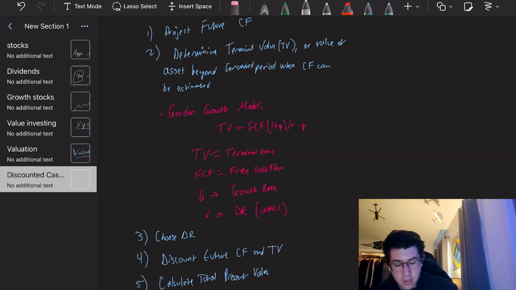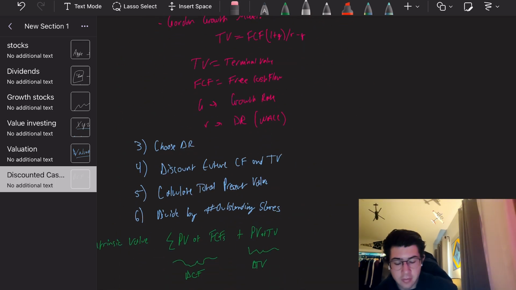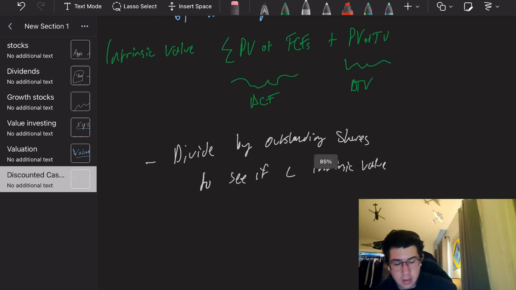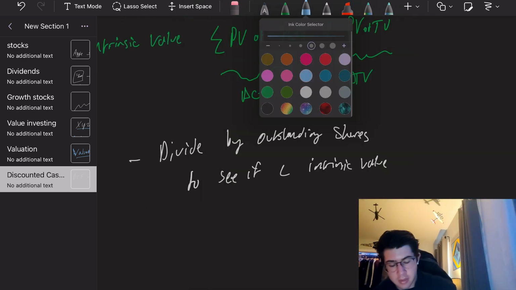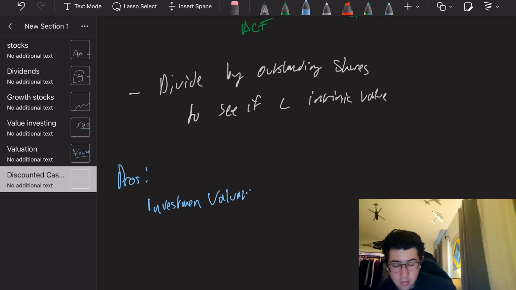So you could either use the basic way, and if the NPV, net present value, is positive, it could be a good investment. If it's negative, you probably shouldn't invest. Or you can actually get the intrinsic value. But they're both pretty similar, and I'll write out some of the pros and cons now. So the pros, you could evaluate investments. You can also apply this to lots of companies and projects.